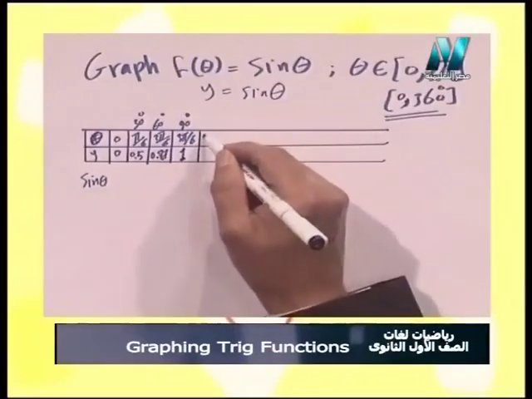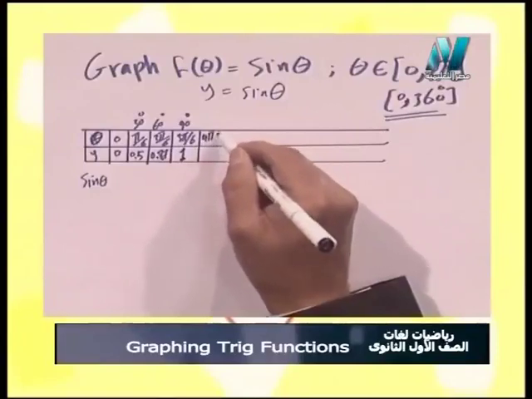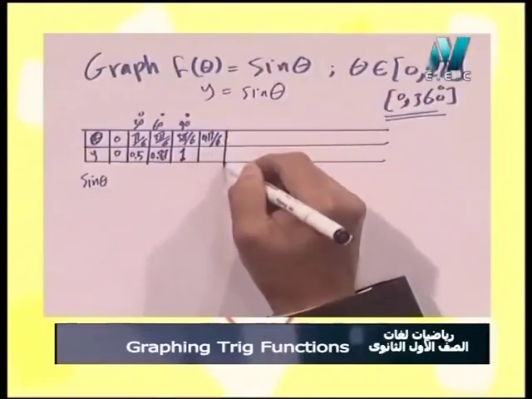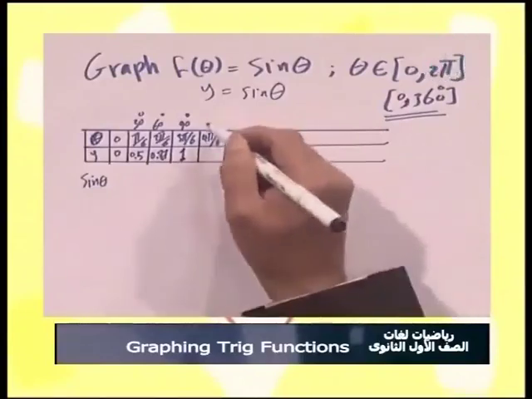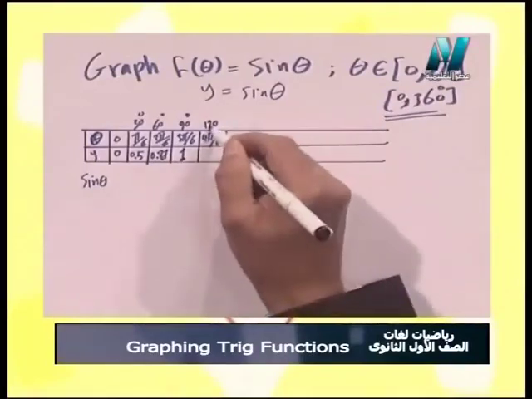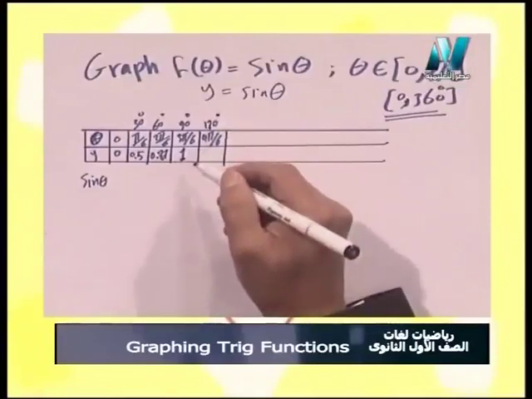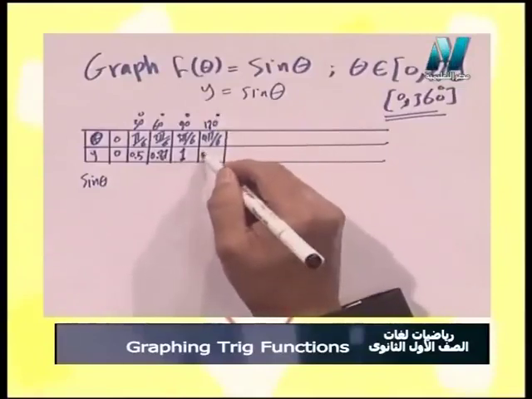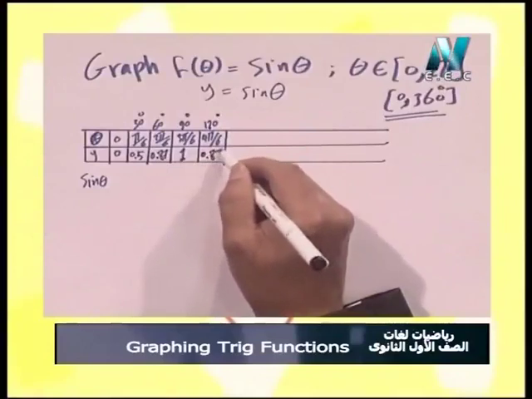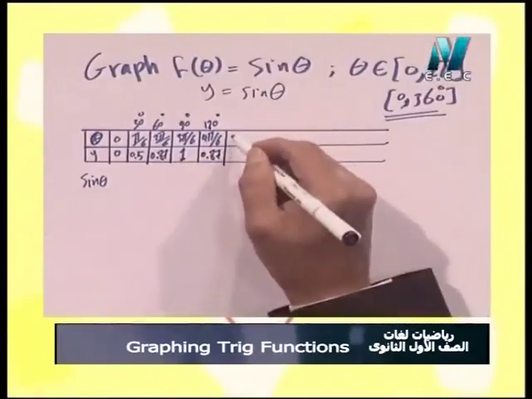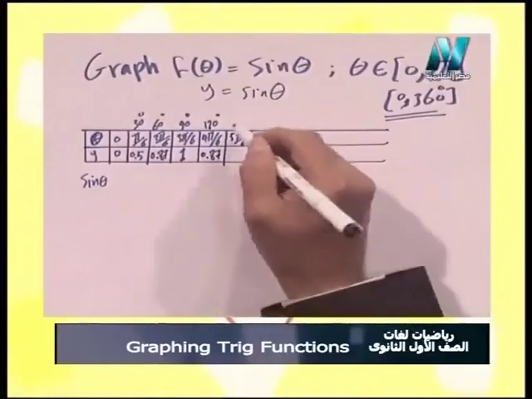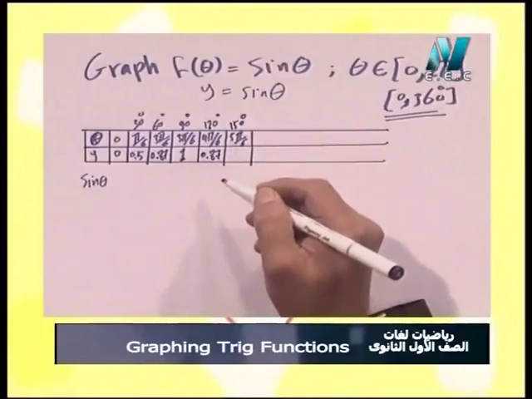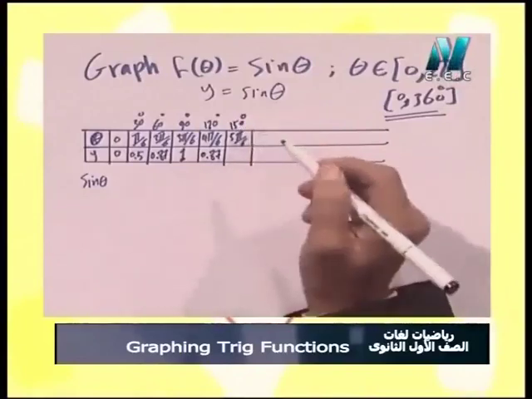Put 4 pi over 6. Sine 4 pi over 6 means sine 120 degrees, which in your calculator will be 0.87. 5 pi over 6, which is 150 degrees, put in your calculator sine 150.